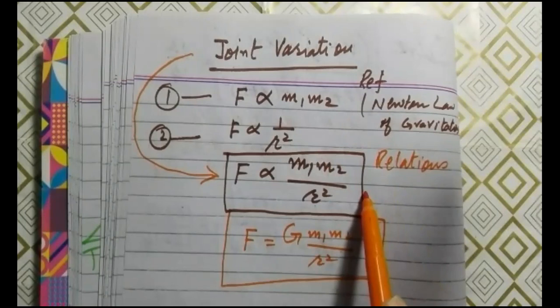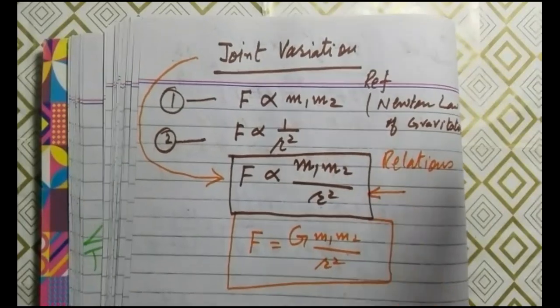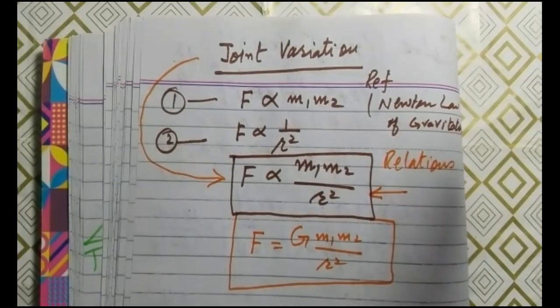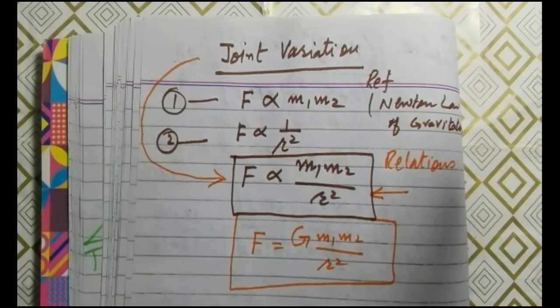Now we will have word problems in the next exercise 3.5, and we will read the statement and we will connect the variables according to the situation, according to the question, either in direct variation or in inverse variation, and then we will join them together in a single relationship, and then we will solve.